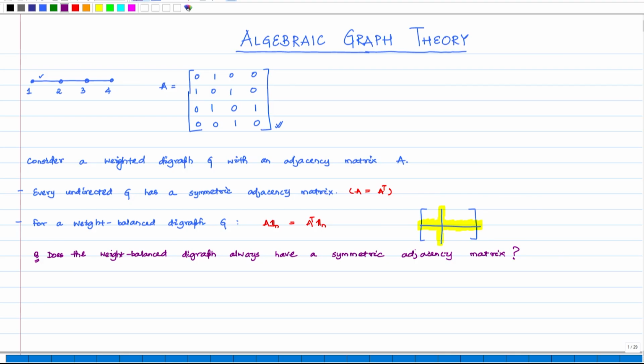Please try to answer this question by yourselves. Now, let us look into some more properties associated with the adjacency matrix. Before that, let us look at a small example.